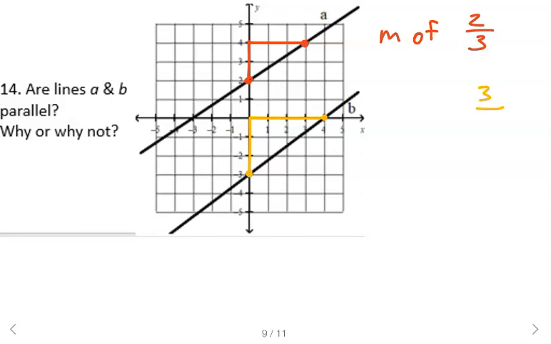So the slope of line B is 3/4. So these are not equal, and since they don't have equal slopes, we would say they are not parallel lines. Are the lines parallel? No, because the slopes are not equal.